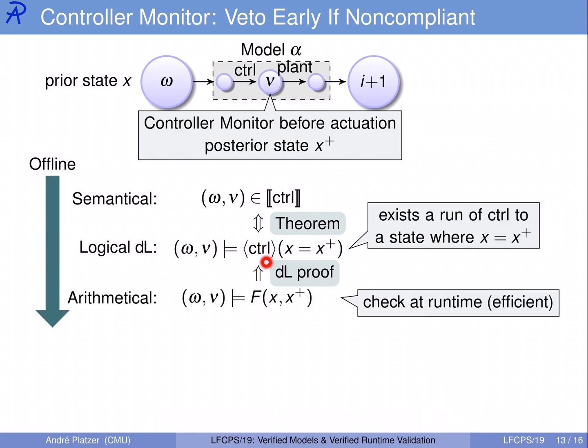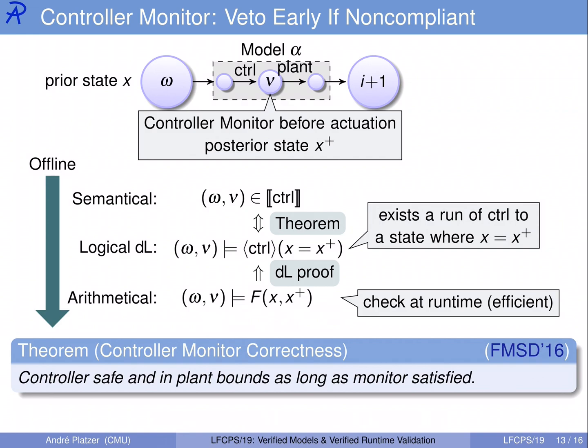Again, we do a differential logic proof to turn this into simpler logical conditions on the old and the new variables, and then check this at runtime and veto the concrete controller's decision unless it satisfies this formula, which enables us to walk away with the theorem that the controller is safe, and with a little bit more care even in plant bounds, as long as the monitor is satisfied and you can intervene and overwrite the decision right away.